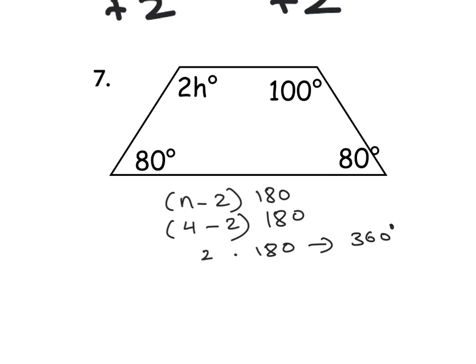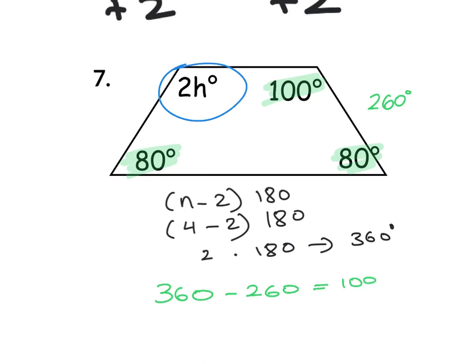So I'm going to start by adding all the given angles. So 80 plus 100 plus 80, that's going to give me 260 degrees. So in order to find the variable, or 2h in this case, I'm going to subtract 360 minus 260. That's going to give me 100. So that means that 2h is 100. So then h is 50.